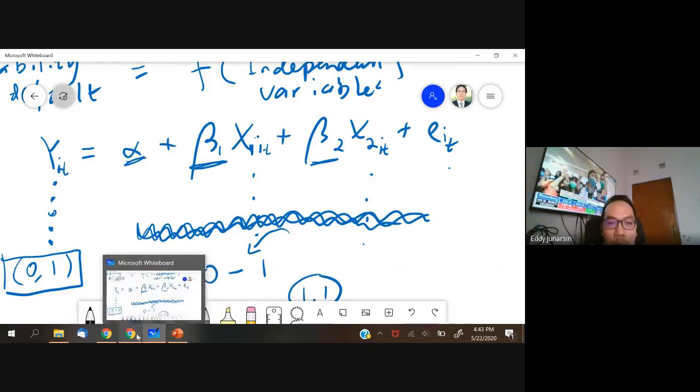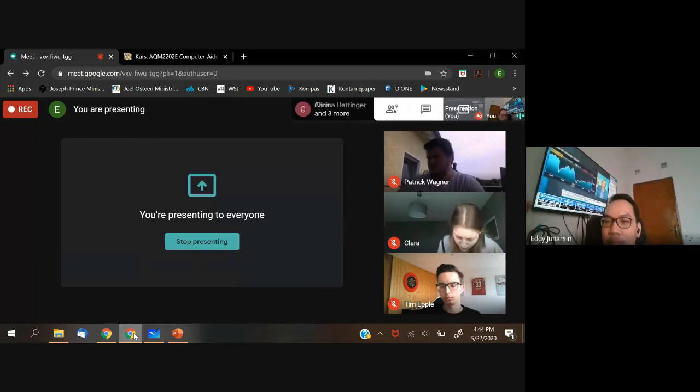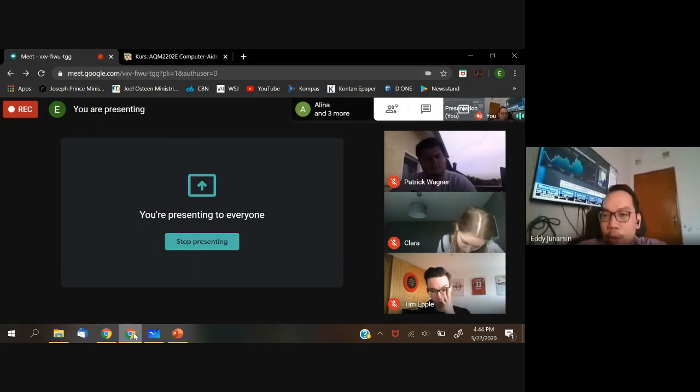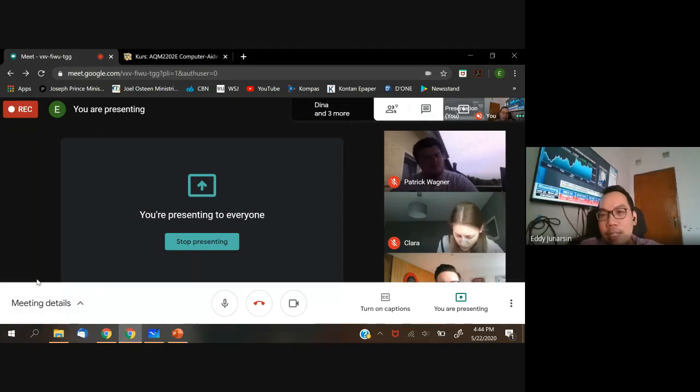We make sure that the range of the summation, alpha plus beta 1 times independent variable 1 plus beta 2 multiplied by independent variable 2 plus beta 3 multiplied by independent variable 3 and so on, will range between 0 and 1. So it's meaningful: 0 and 1 means the probability of default is between 0 and 100%, something that could not be guaranteed by the simple regression model.